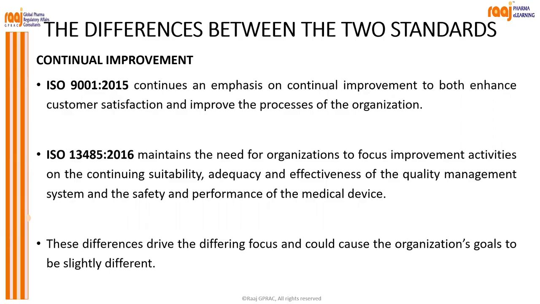So in both cases, continual improvement is a must, and how you attend to it depends on how you make your system robust to attend to all complaints, how you raise the CAPA, how you close those CAPA, and how the preventive action is defined in the quality manual and implemented. Not only should there be a written instruction, you have to maintain all the records of how you attend to the complaint, how you raise the CAPA and close the CAPA.